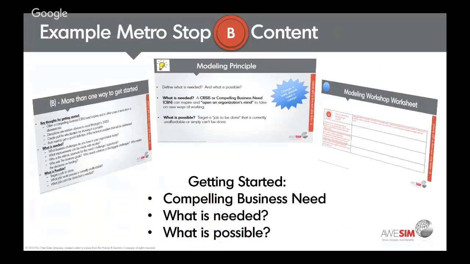Again, don't boil the ocean, don't just go and say, oh, something will come up. Let's really define something that is actionable, within scope, that you can say is going to have some value to us.